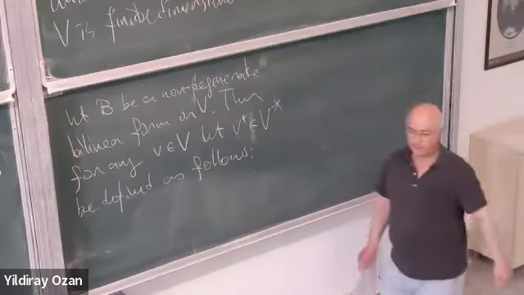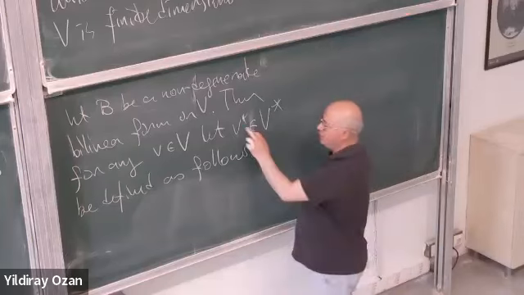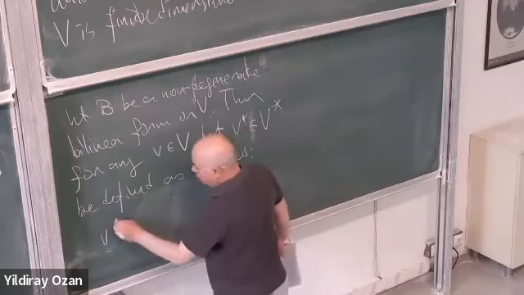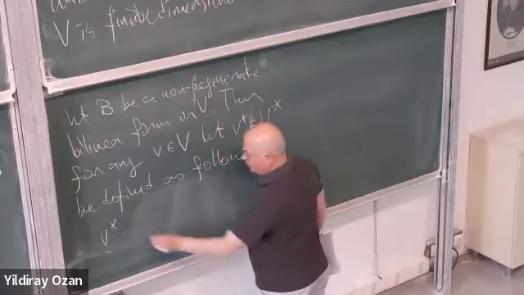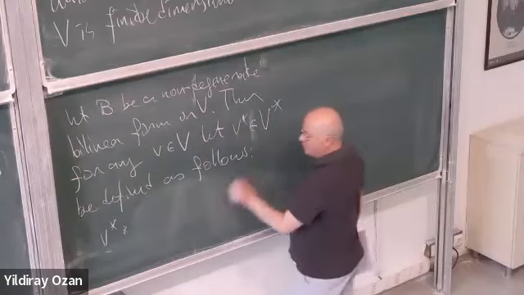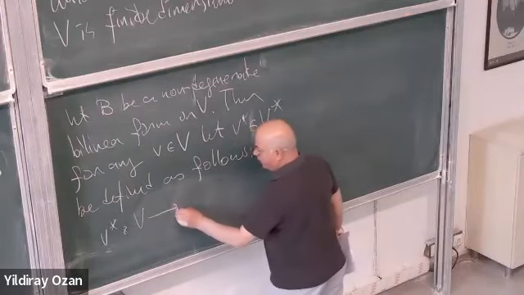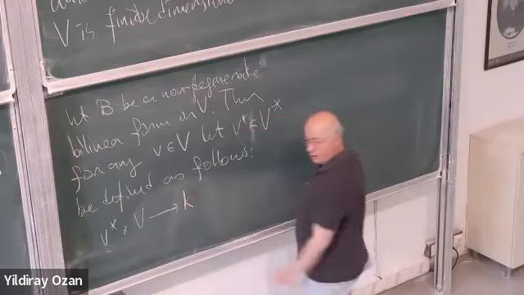What does v star mean? It's a map from V into K, right?